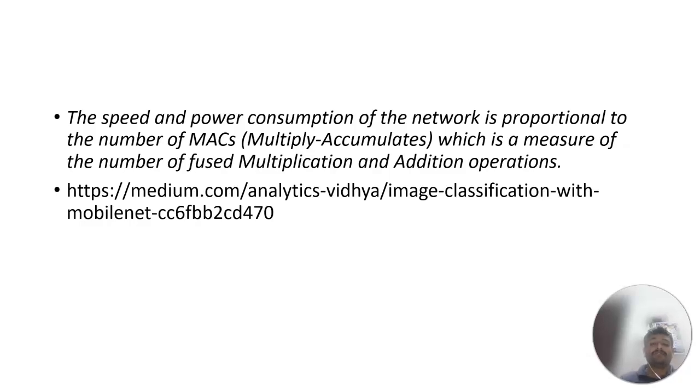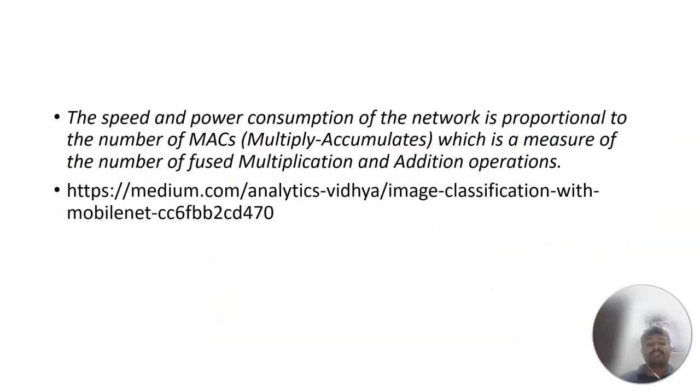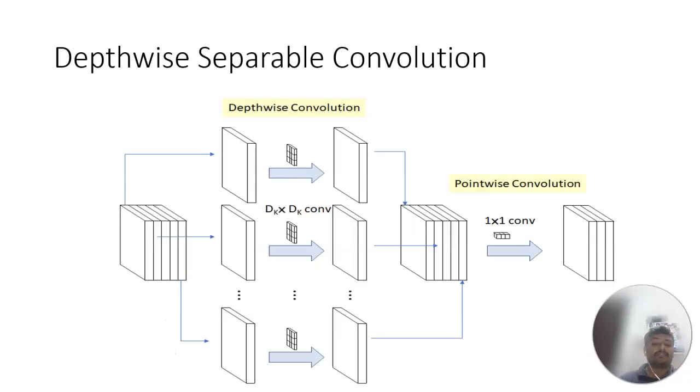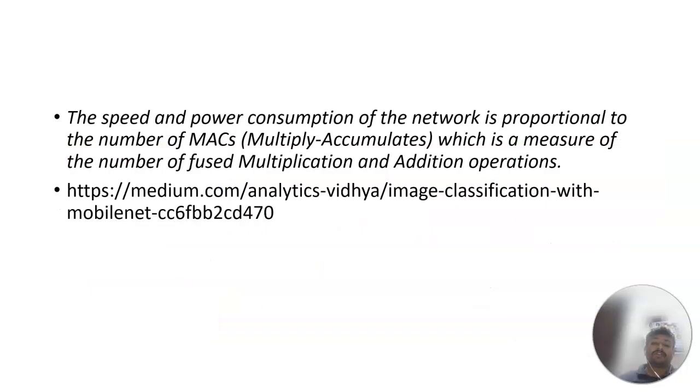which is measured by the number of fused multiplication and addition operations. So we can calculate the speed of the network and the power consumption of the network from the MACs, measured by the number of fused multiplications. In convolutions, we can see the number of multiplications, and with respect to that we can find out the speed and power of a particular network.